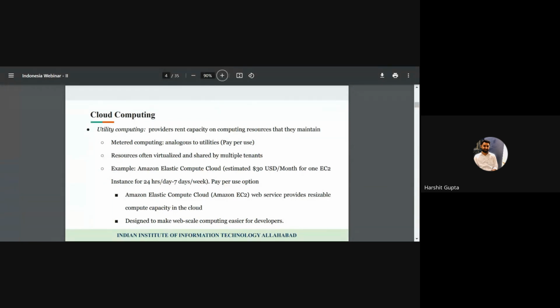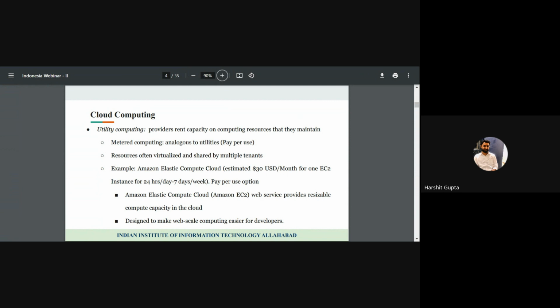In this regard, there is a very good example of Amazon Elastic Compute Cloud. It is the EC2 service of Amazon, which is provided to anybody who wants computing as a resource. Means we may hire this service to compute something.